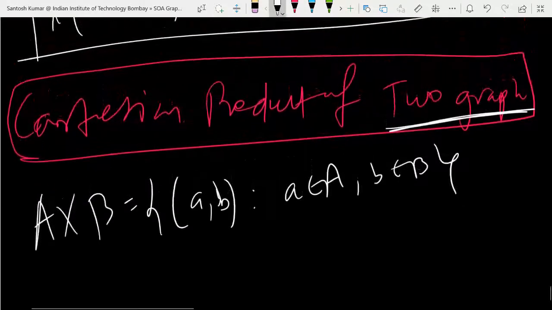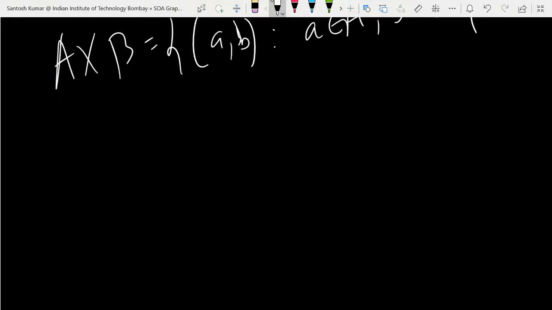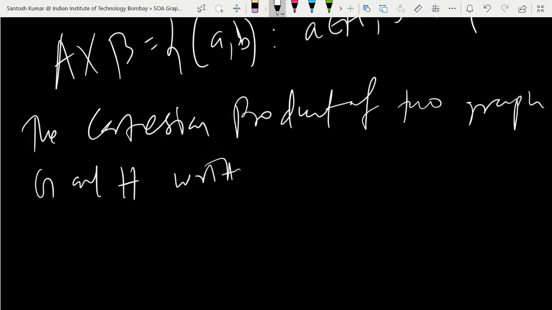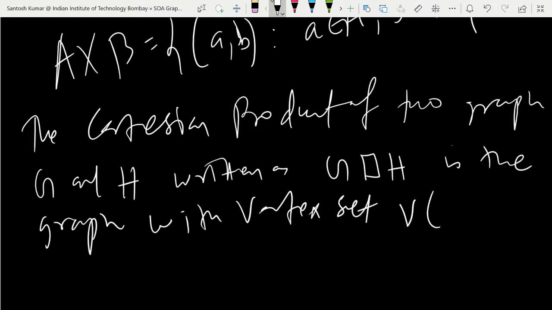So the definition, if I write, so the Cartesian product of two graphs G and H. This is written as G Cartesian product H. Okay, is the graph with vertex set V of G cross V of H. So V(G) you already know.